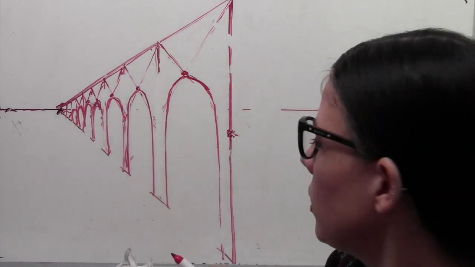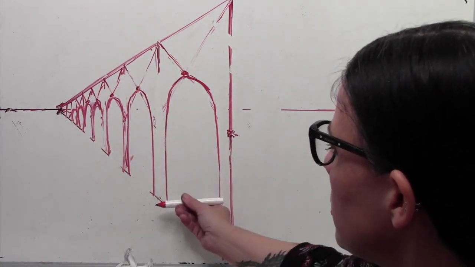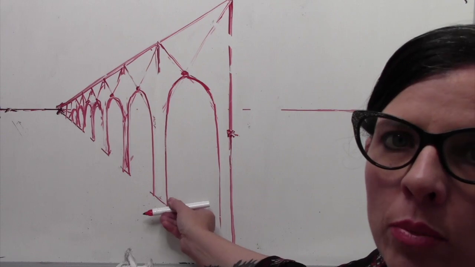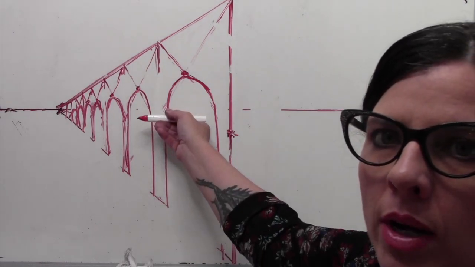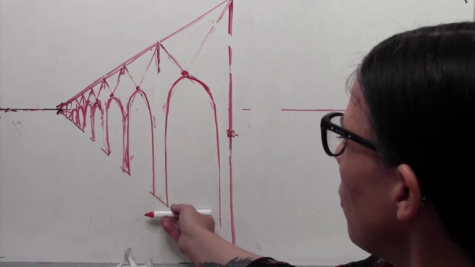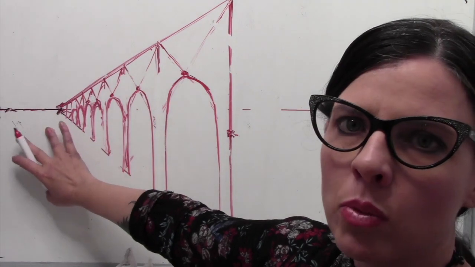So the way that I'm going to do that is, since this is one point perspective, I'm just going to go straight across, because in one point perspective, everything is either parallel to my horizon line or receding back to my singular vanishing point.